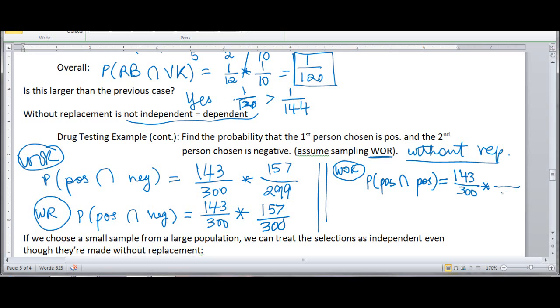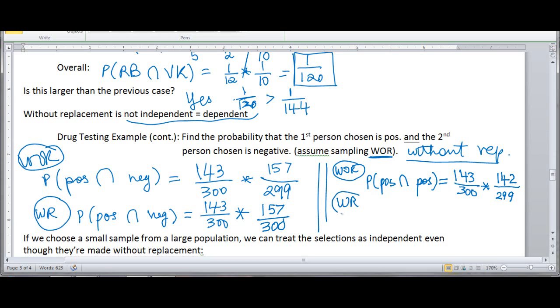How many people do I have now? 299. Out of those 299, how many are positive? 142. The first person was positive and I held on to him, so the number of positive people is now 142 out of 299.